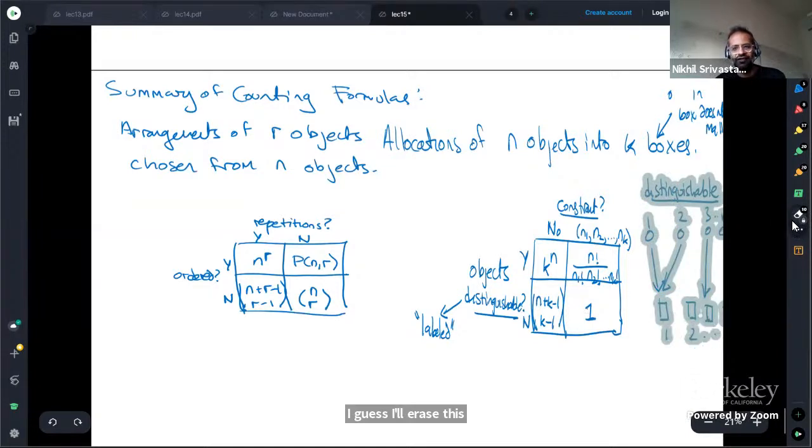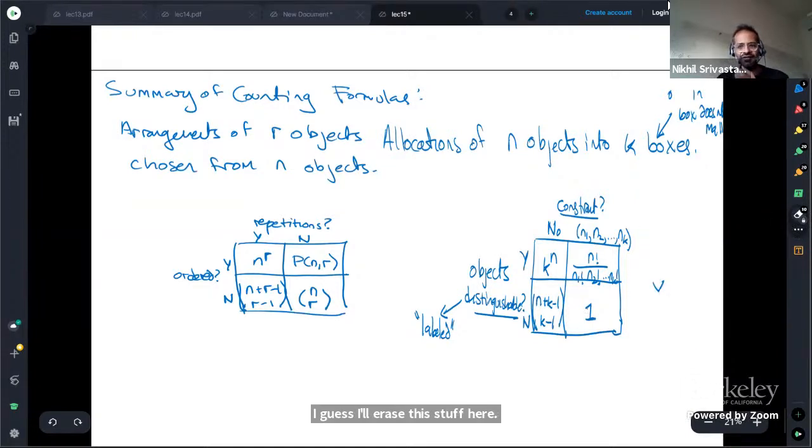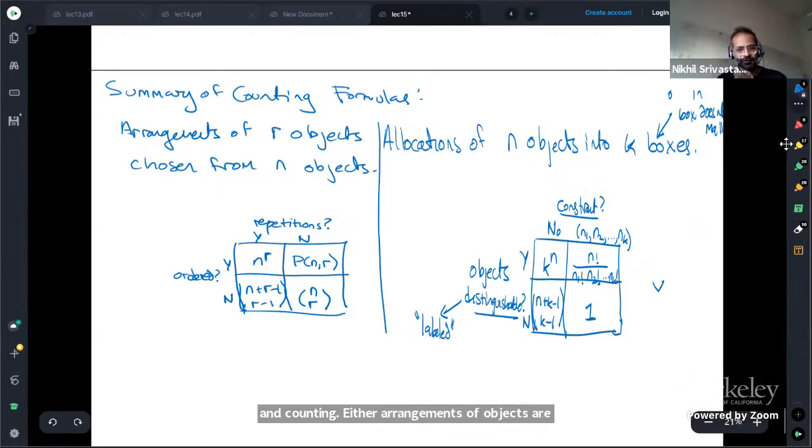So that's a summary. That covers the most commonly used formulas that appear in counting, either arrangements of objects or allocations of objects into boxes, either distinguishable or not distinguishable. And the order in a box doesn't matter.